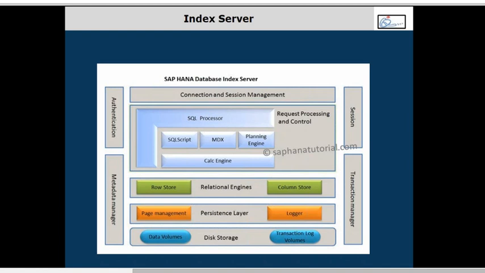When you're inserting data into some memory location of a RAM, you're updating a certain page, because RAM is organized in pages. So through page management, it can identify which page has been modified or newly added, and then sends that information to what? Logger, and logger will capture that log into this log volume, which is a hard disk again.